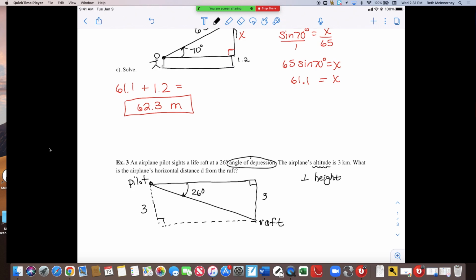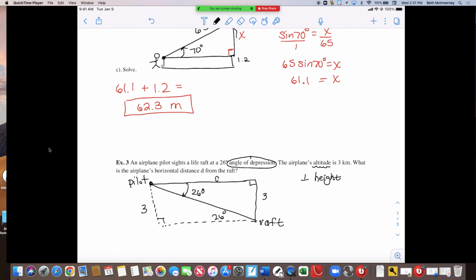So we're going to use that piece. So if this angle is 26, this one's 26. And now you don't technically have to use that one, but guess what? You could then use this triangle or that triangle, either, because they are congruent. So it says, what is the airplane's horizontal distance?